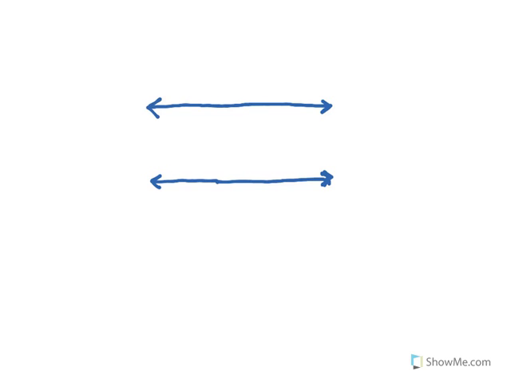Then we have a transversal. Let's label some angles here: 7, 6, 1, 2, 4, 3, 5.